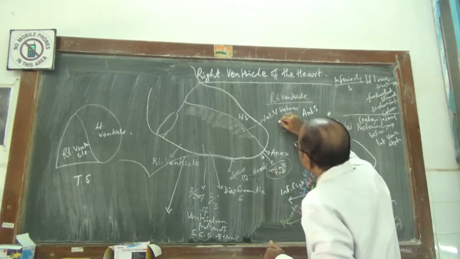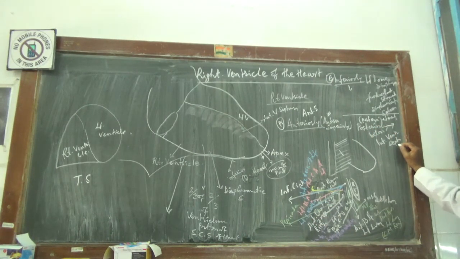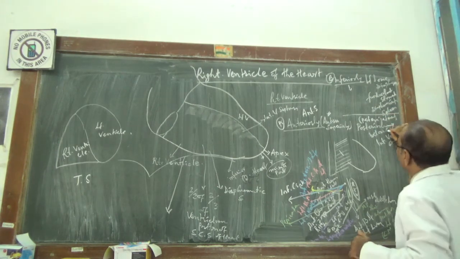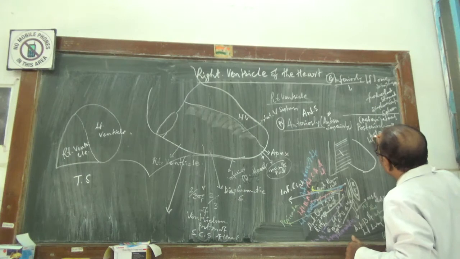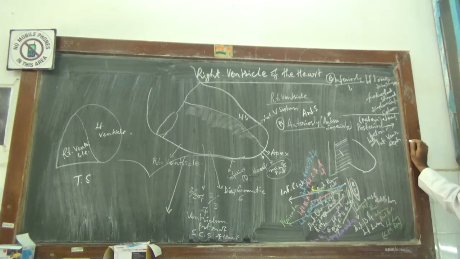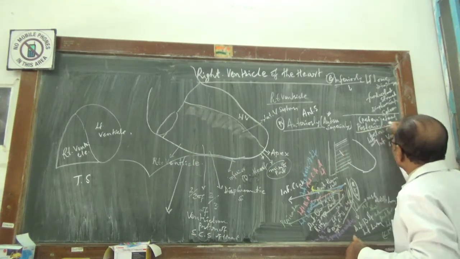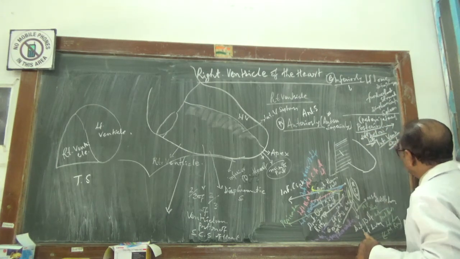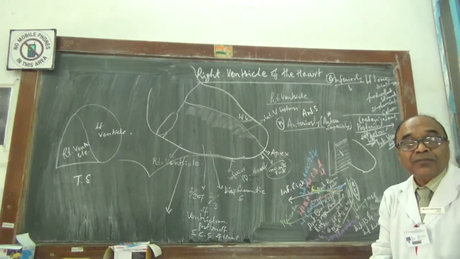Then posteriorly, below and a little towards the left, related to the interventricular septum that separates it from the left ventricle of the heart.